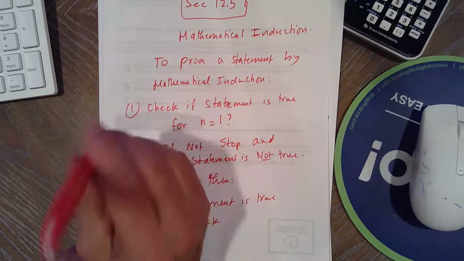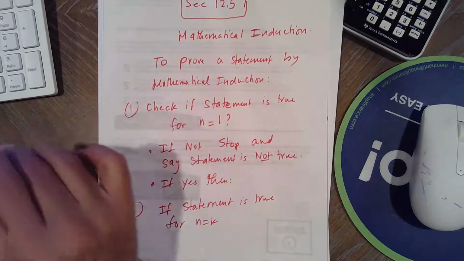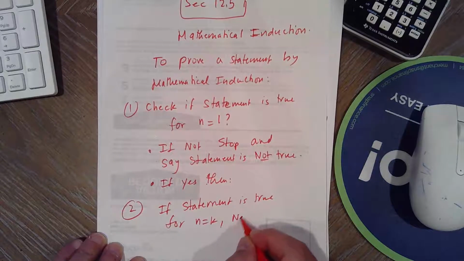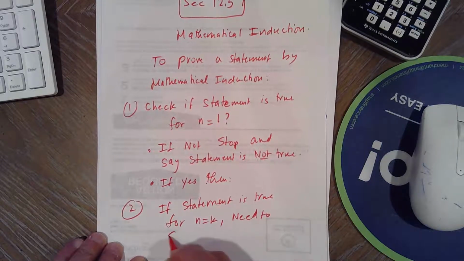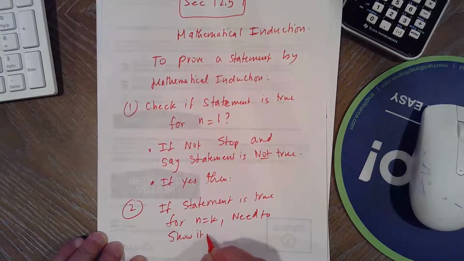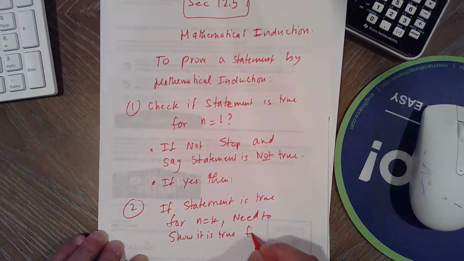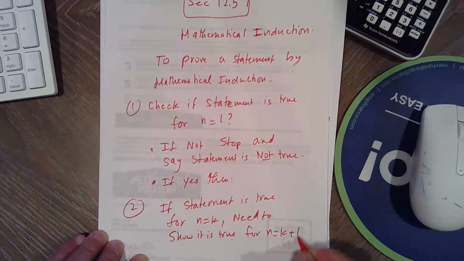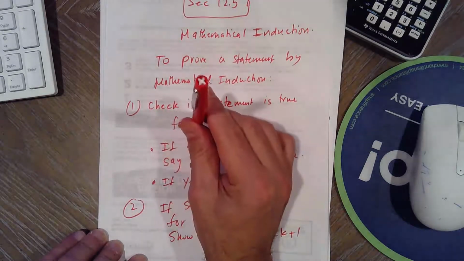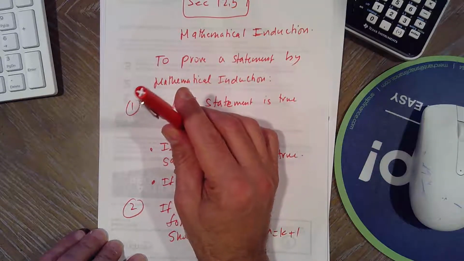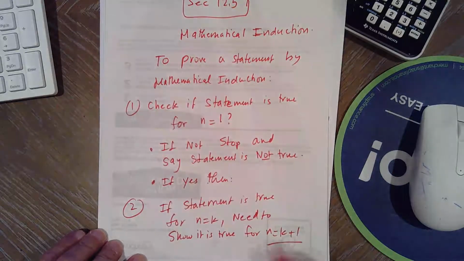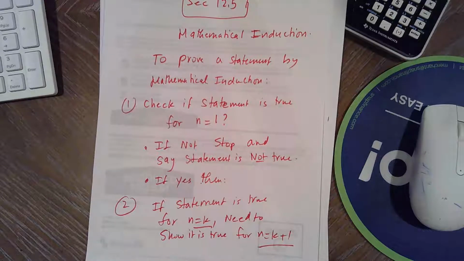So if n equals k, it's any pen in the middle. We need to show it's true for n equals k plus 1. Basically, if we hit any of the middle ones, then it will hit the next one, k plus 1. That means all of them will be dropped.